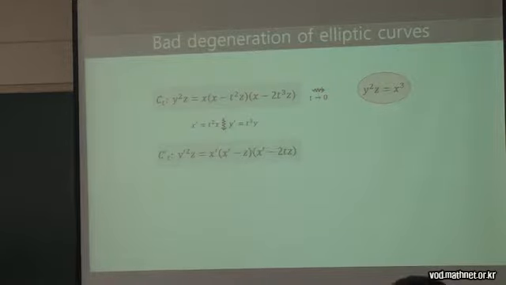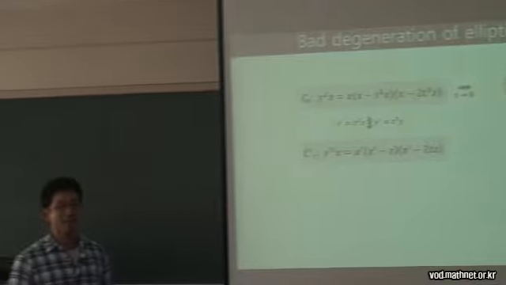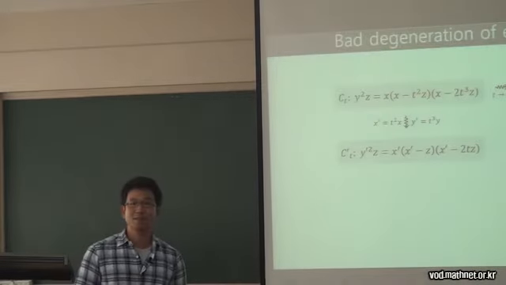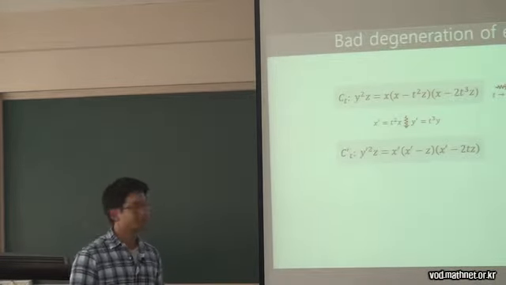If you make this coordinate change, then you can safely divide the whole equation by some power of t, and what you're going to get is this equation. Okay. So since you obtained c prime t from ct by a linear coordinate change, these two curves are isomorphic. They are the same curve, the same point in the moduli space.